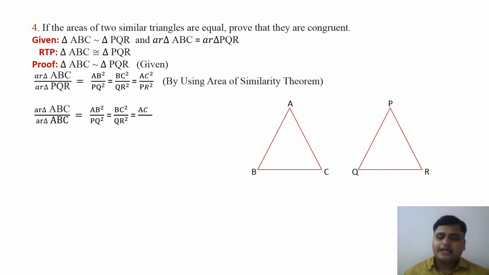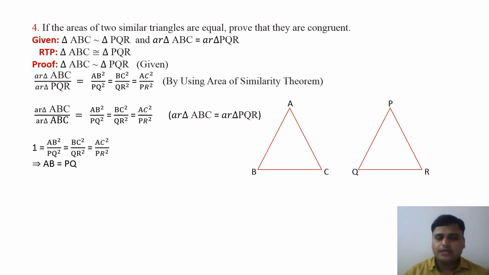We replace triangle PQR by triangle ABC, that is area of triangle ABC is equal to area of triangle PQR. After this, both will be cancelled, getting 1. AB square by PQ square, BC square by QR square, AC square by PR square. It implies that when we compare each one by one, we get AB is equal to PQ, BC is equal to QR, AC is equal to PR.